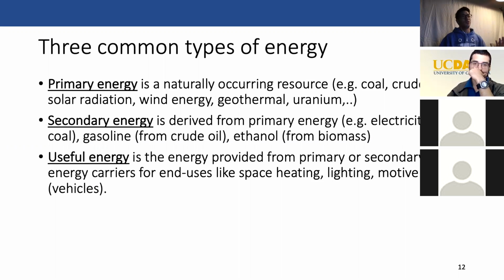Those original sources are things like coal, crude oil, solar, and wind energy. Our collection of primary energy is used in such a way that we take that energy and transform it ultimately through secondary energy and useful energy to get what we want out of it. But primary energy is the thing that occurs without any human intervention.